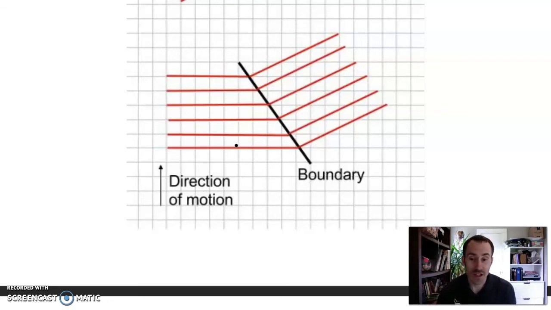So the wavelength here, I may as well draw that in right away. This is the wavelength on this side, and this is the wavelength on the other side. So this side, its wavelength is smaller. I can tell that.